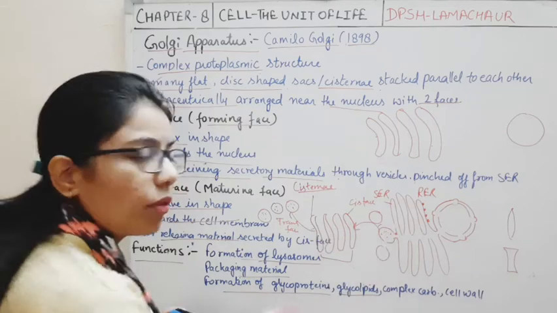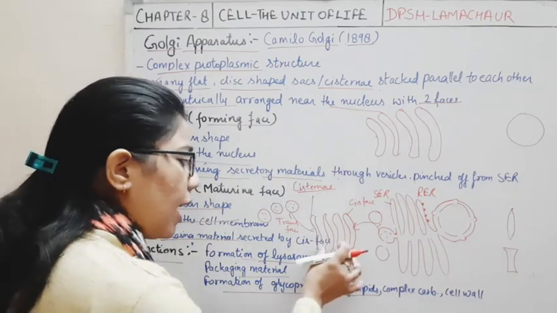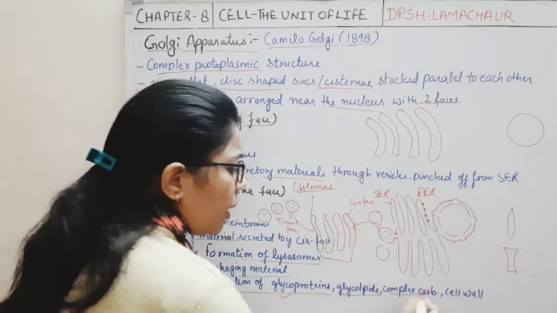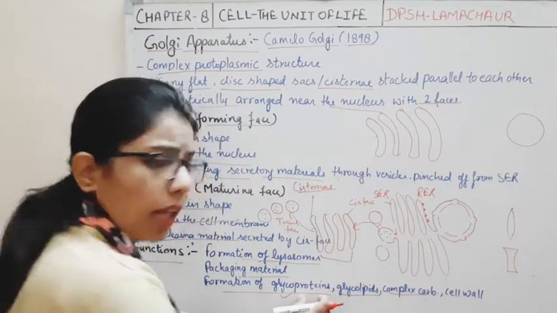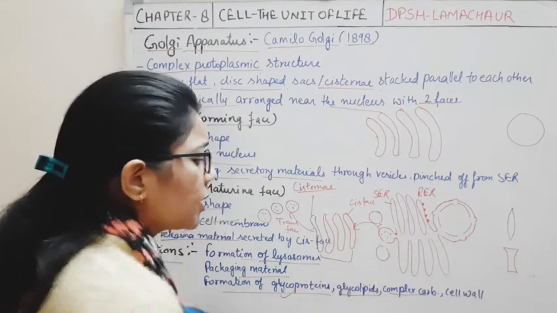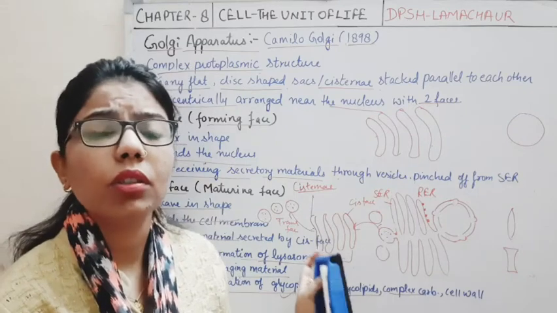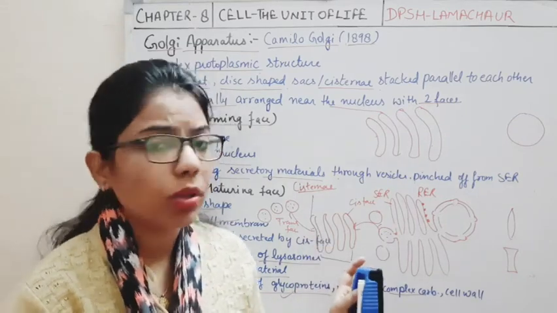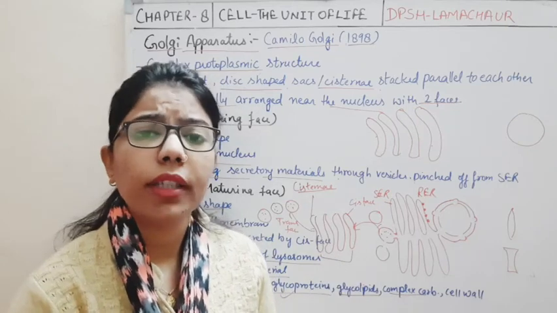Proteins and lipids coming from the endoplasmic reticulum combine, and complex carbohydrate is added here. What does it form? Glycoproteins and glycolipids, and these are useful for the formation of the plasma membrane. Because if I recall the structure of the plasma membrane, what is it?